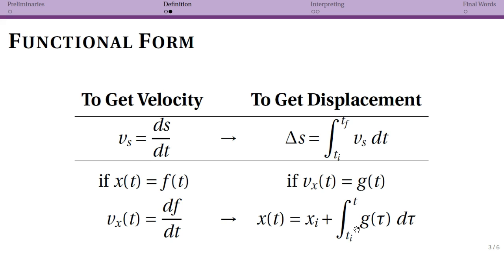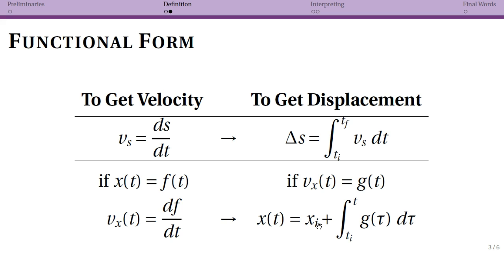Frequently the lower limit is just going to be 0, so that's not too bad, and this ends up looking like the indefinite integral rather than the definite integral. So we can integrate our functional form of velocity to get the functional form of position, but we must always add on that initial position.